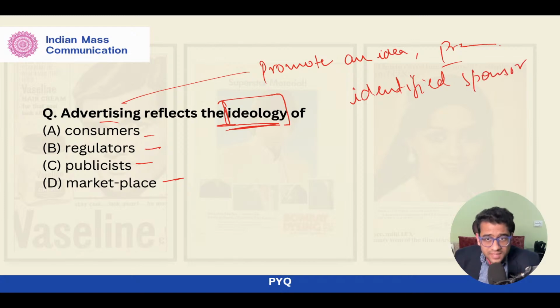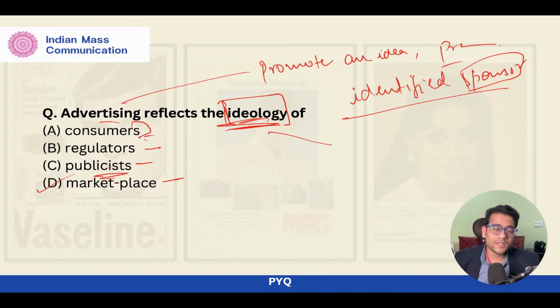This person is actually doing marketing. So who is the identified sponsor? What is the role of this sponsor? To sell your product, right? So it is going to be marketplace. Why publicist? I don't know why you are giving this answer. This might be okay, but let us go through it again, okay. What were the features? It is a paid form, okay.